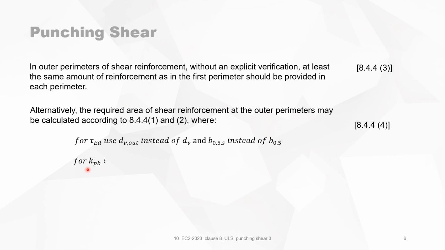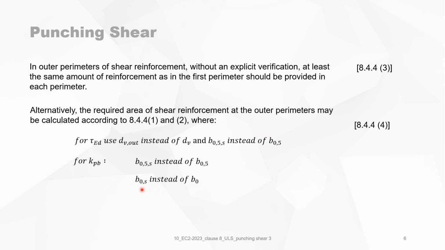For kpb, in the different formulas to calculate the needed reinforcement of the perimeter outside, b0.5 means b0.5,s. So let's call it the perimeter s, the reinforcement perimeter s, or the reinforcement line s. You use b0.5,s instead of b0.5, and b0,s you use instead of b0.